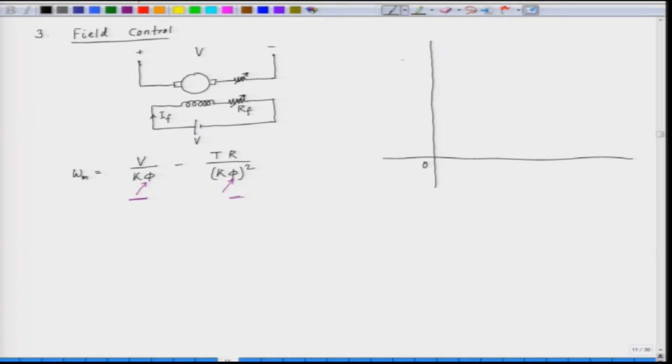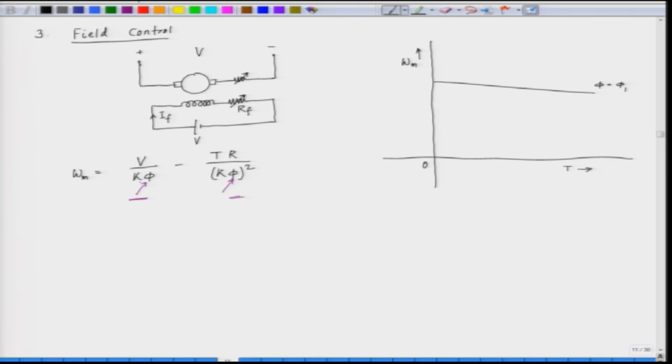As per the convention, we take the speed on the y axis, torque on the x axis. Now, let us say we have the profile here for the value of flux equal to phi 1. Now, what we do? We reduce the flux here.